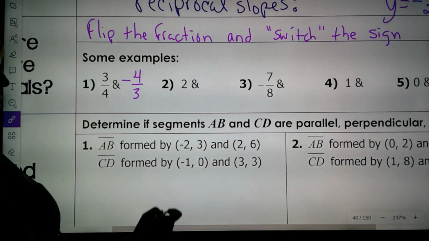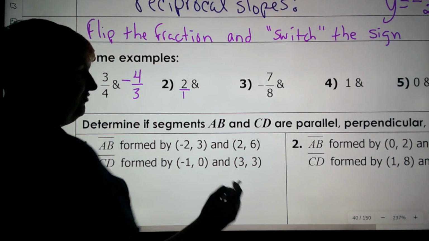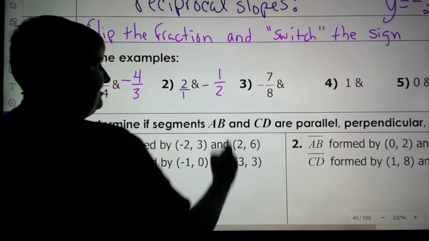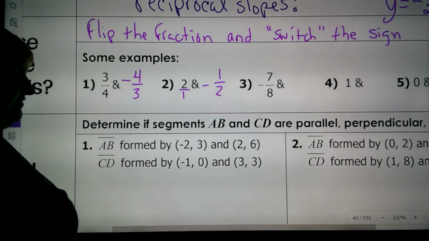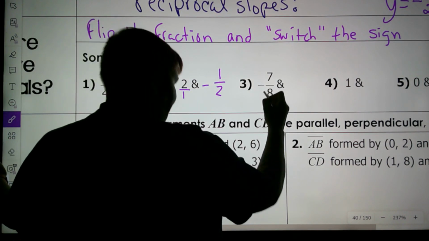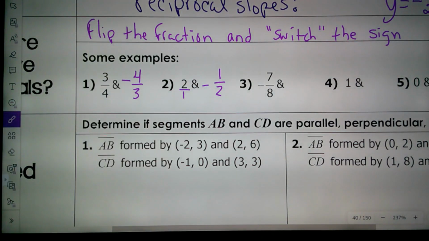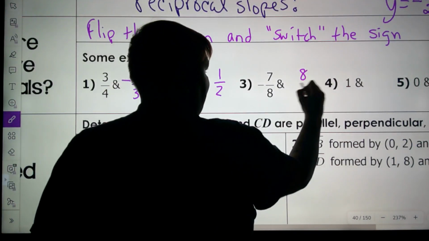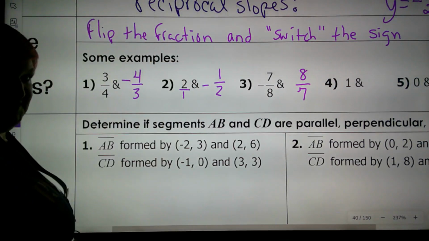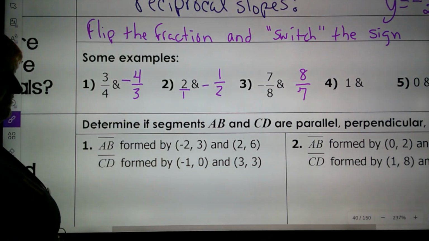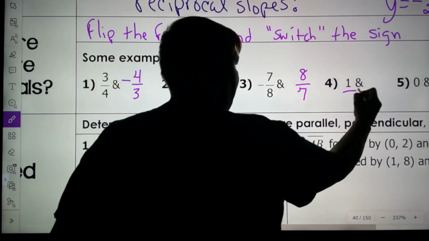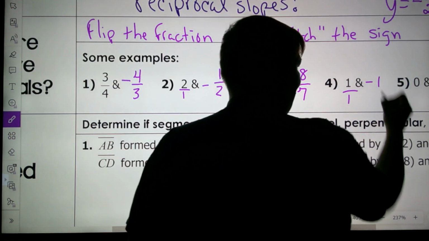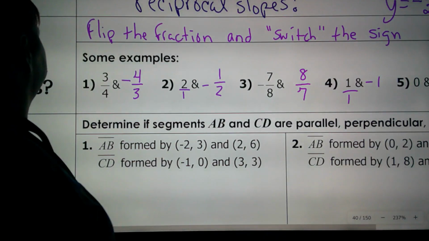This is 2 over 1, so we flip the fraction and change the sign. This one's already negative, so we flip the fraction and change the sign. It's now positive. 1 over 1 is still just 1 over 1, but now it's going to be negative 1 over 1.